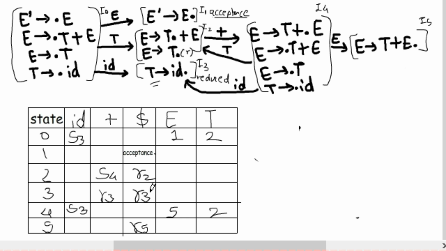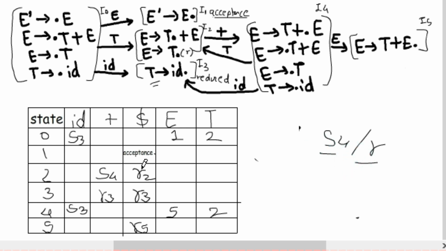Now you can see that there is no conflict in this. Sometimes there is a conflict, where if you look at this box, there is S4 and sometimes R will also appear in this cell. So you have to write it like S4 upon R. In this case, it is called a shift reduce conflict.